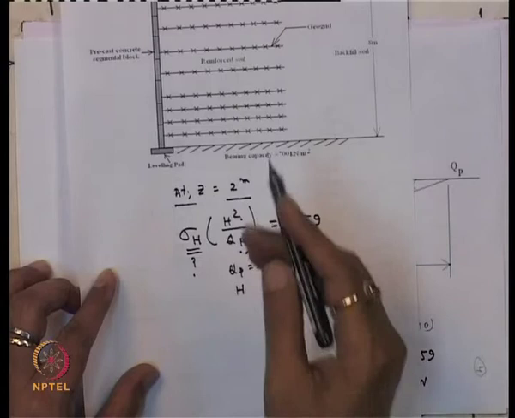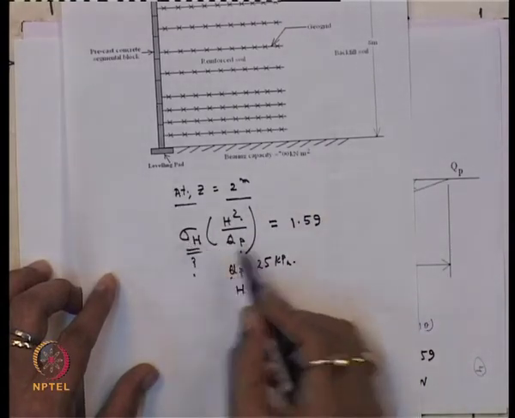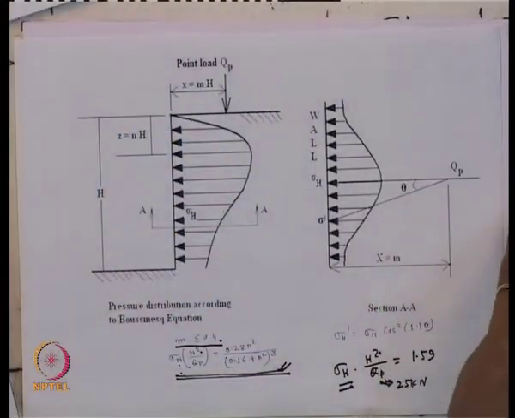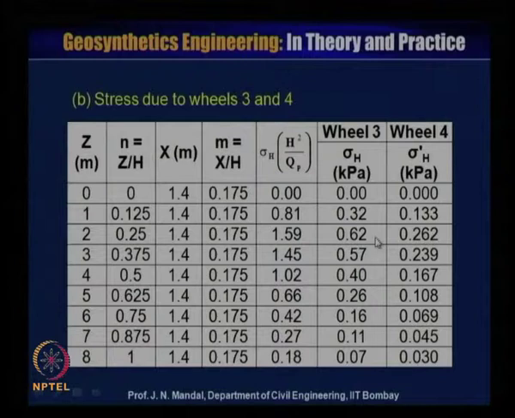So you can calculate what will be the sigma h. You can obtain the sigma h value at a depth of 2 meter, which is equal to 0.62.